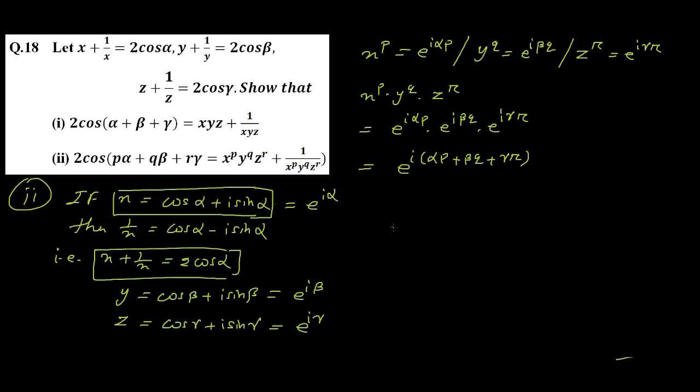This is my x to the power p into y to the power q into z to the power r value. If I write here 1 by x to the power p, y to the power q, z to the power r, this will become e to the power minus iota alpha p plus beta q plus gamma r. Now let's talk about the RHS part.